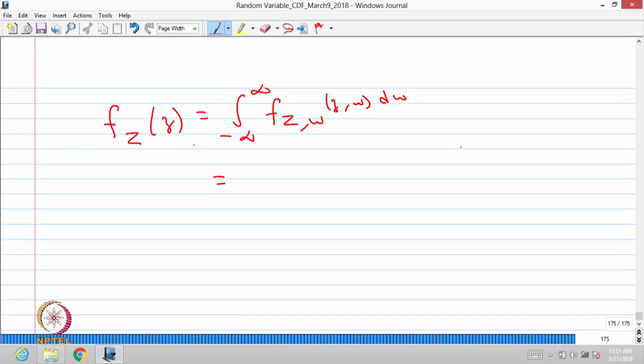I am not doing the derivation; by substituting the joint probability density function and the correct interval, then integrating, one can get the answer: Z when Z lies between 0 to 1, 2 minus Z when Z lies between 1 to 2, otherwise it is 0.